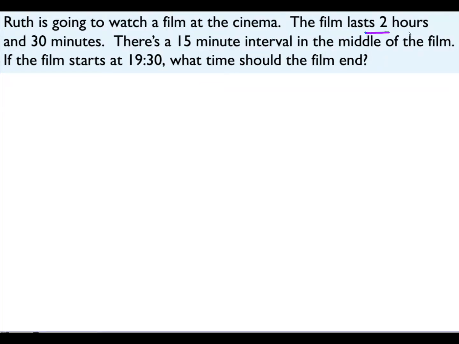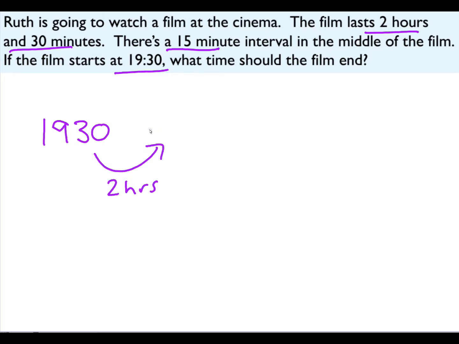So we've got a 2 hour and 30-minute film, we've got another 15 minutes, and we have our start time of 19:30. So our start time is 19:30, and we need to add 2 hours first, which takes it to 21:30, and then the 30 minutes.